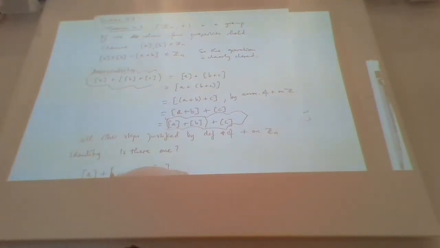Well, it's a congruence class of something, and whatever goes in there, we end up adding it to the A. So the easy way to make sure this remains the congruence class of A is to choose the congruence class of 0. So clearly, the congruence class of 0 is the identity.